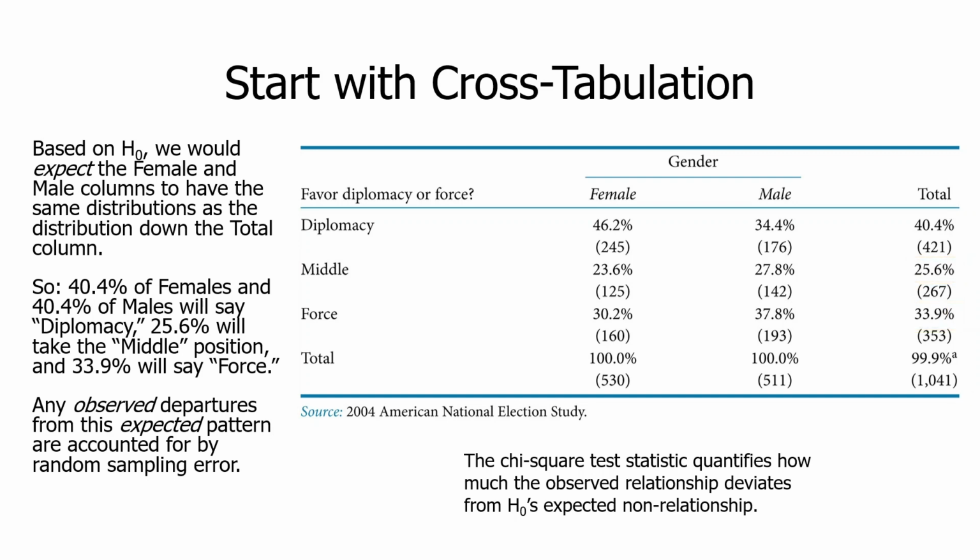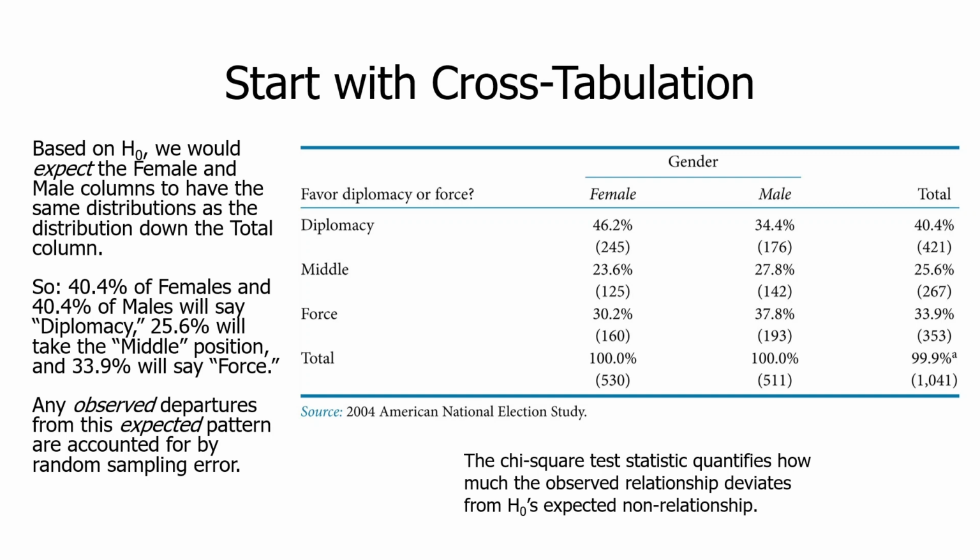So the null hypothesis focuses on this marginal distribution and says that if 40.4% of the total sample favor diplomacy, then any way you divide up this sample, by gender, by race, by income, by education, 40.4% of whatever category you're looking at will favor diplomacy over force.